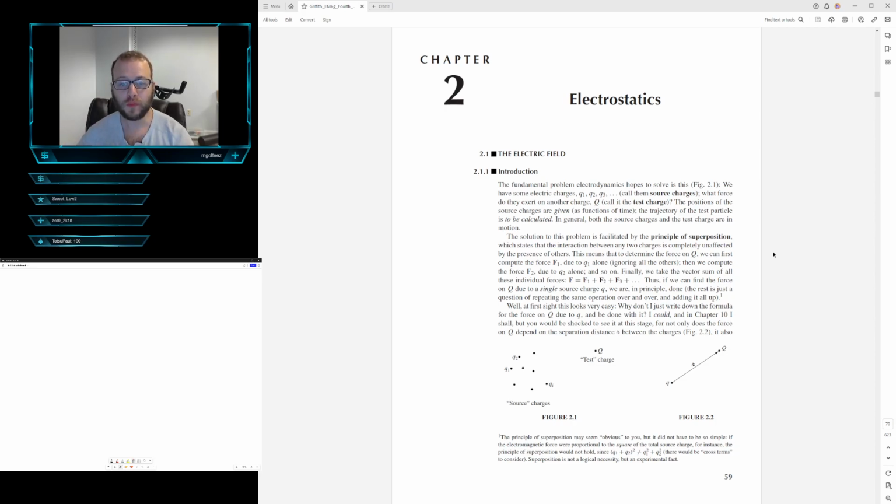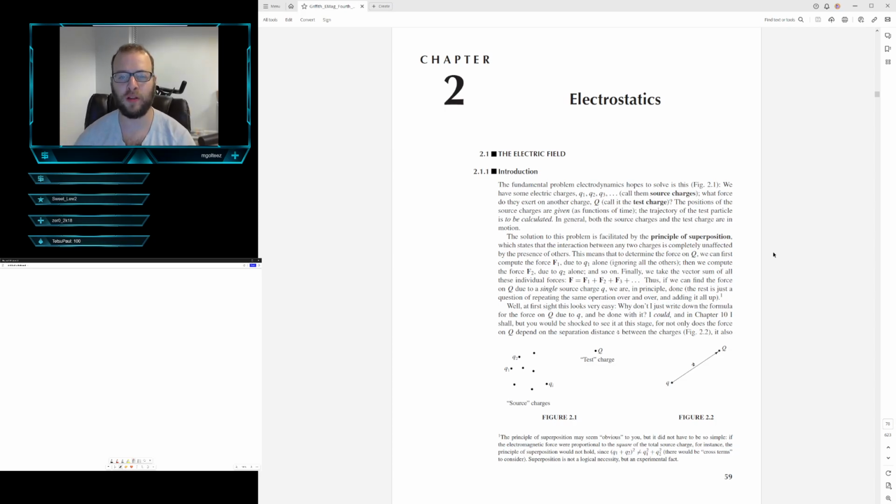Well, we have the principle of superposition, in that we simply add the components of each individual contribution. So the force due to one charge added to the force due to another charge can give you the total force.